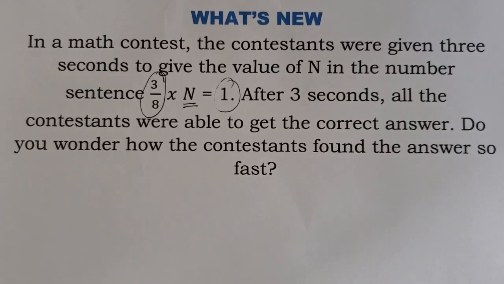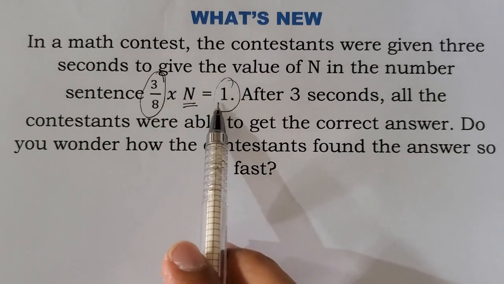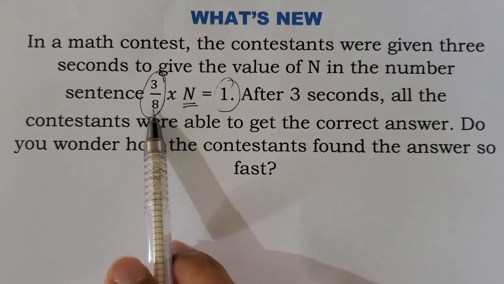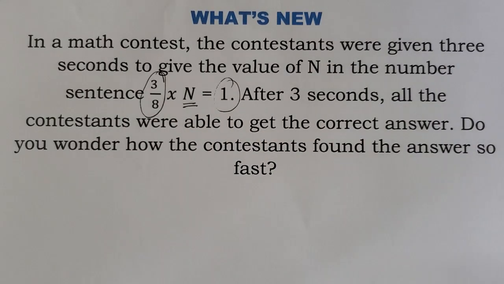In this kind of problem, we have to look for a number to be multiplied by 3/8 so that it will give us a product of 1. What is the value of this n when multiplied by 3/8 will give us a product of 1? Well, let's try this one.